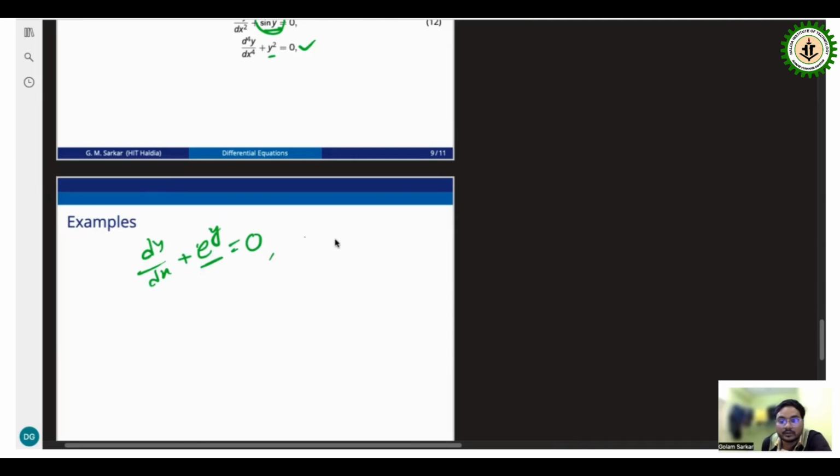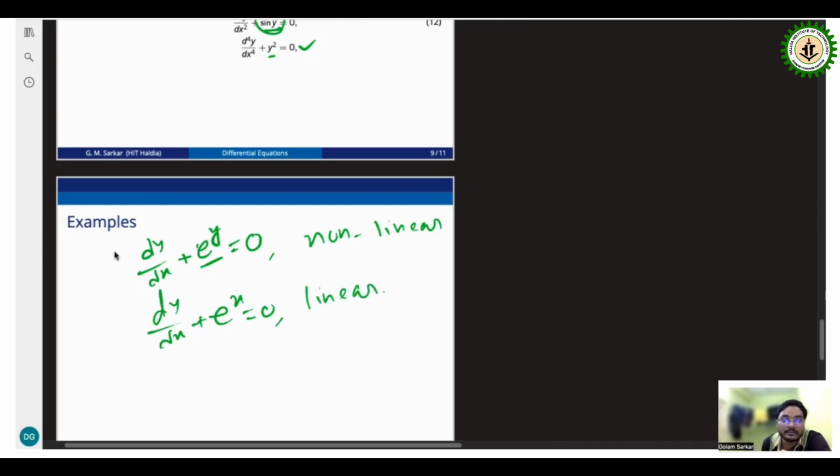So this is a nonlinear differential equation. But if I take this equation dy/dx plus e to the power x equals 0, then this equation is linear.